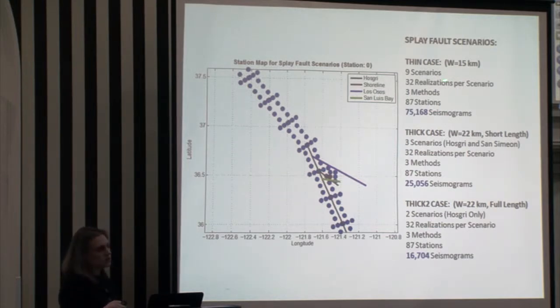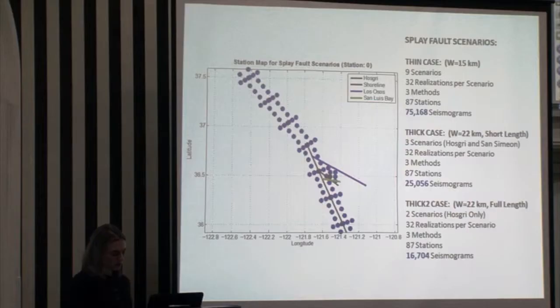For the thin case, I'll be showing the results from the thin case. The crust is 15 kilometers thick, and the Hosgri fault is vertical. So the hypocenter is at 7.5 kilometers. Then we let the rupture propagate down the Hosgri, and we have another fixed hypocenter at each junction point: the Los Osos hypocenter here, shoreline, and San Luis Bay.